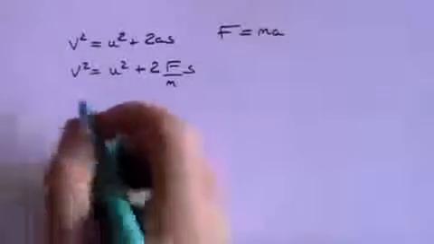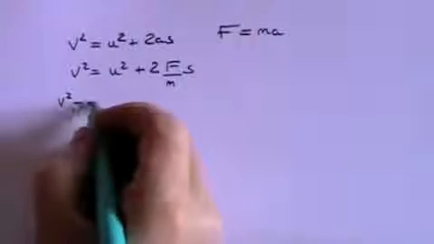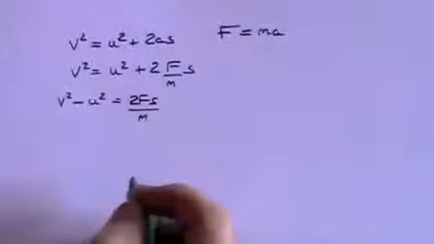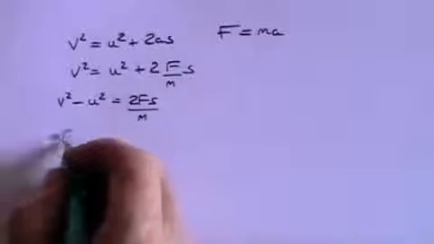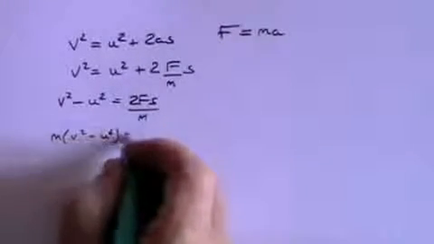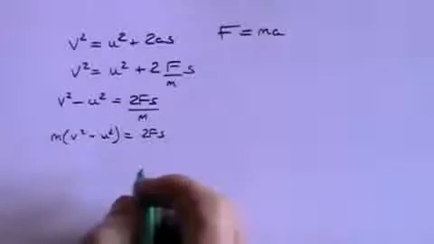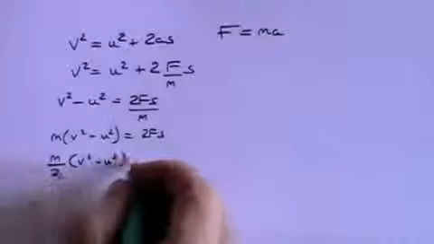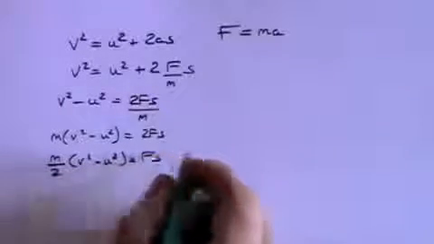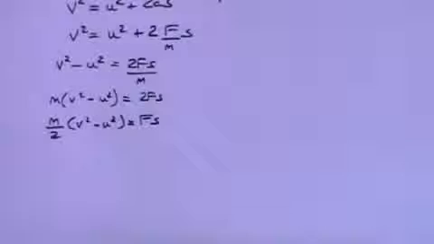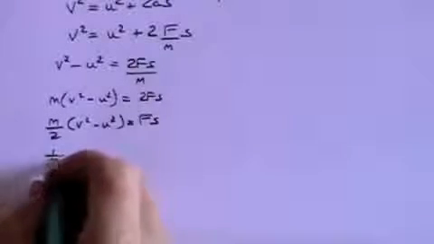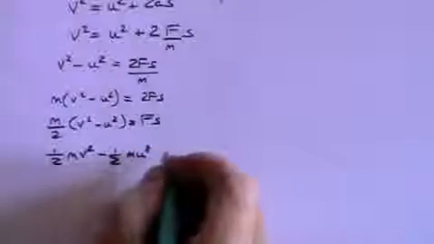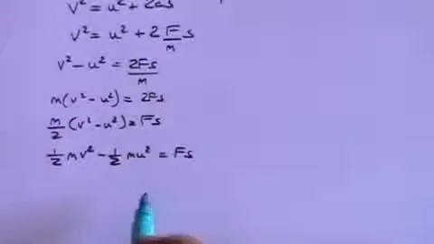And now let's just work that through. v squared minus u squared is 2Fs over m. m into v squared minus u squared equals 2Fs. m over 2 times v squared minus u squared equals Fs. And that means that a half mv squared minus a half mu squared equals Fs.